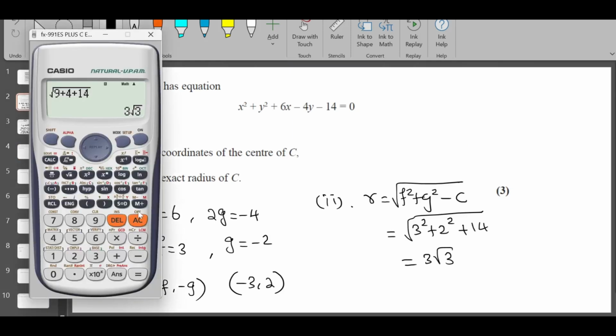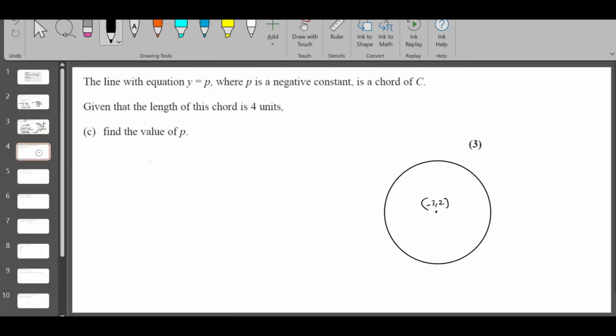3 root 3 is 5 point something, right? So definitely the y should be somewhere here, and x has to be here. This length is 3 but the total length is the radius, which is 5 point something, right?